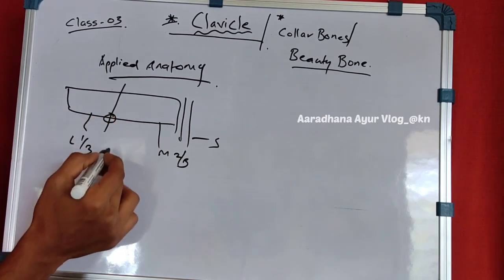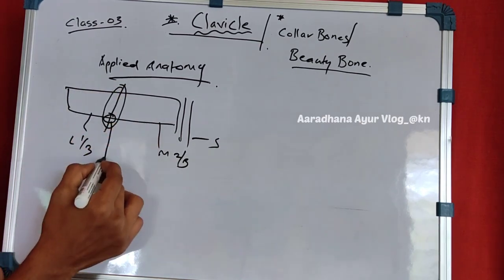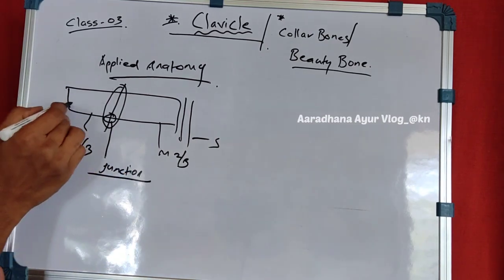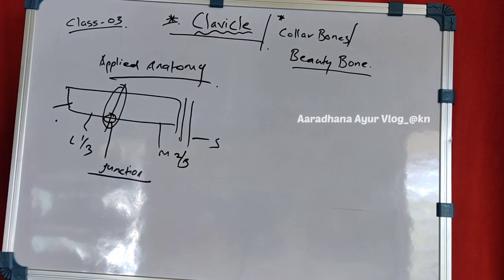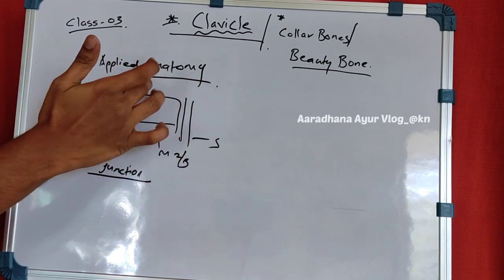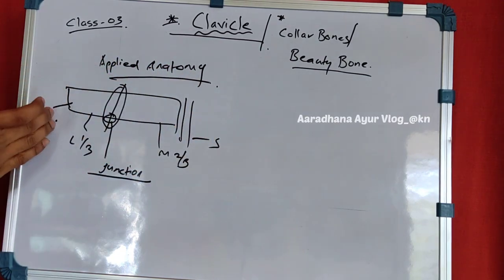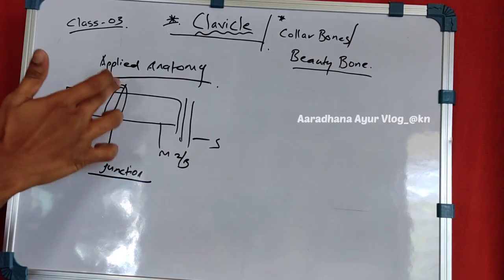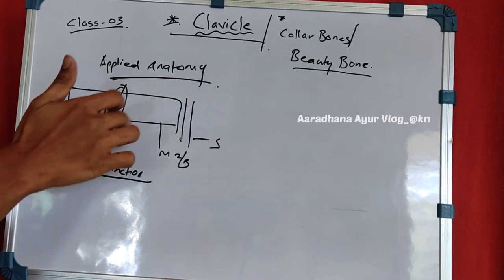This is the junction. Just imagine this as a clavicle bone and this as the sternum part. So this is the medial end, this is the lateral end. The medial 2/3 and lateral 1/3 meet at the junction.